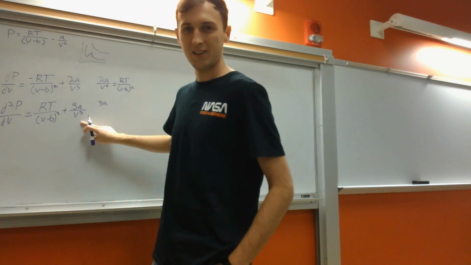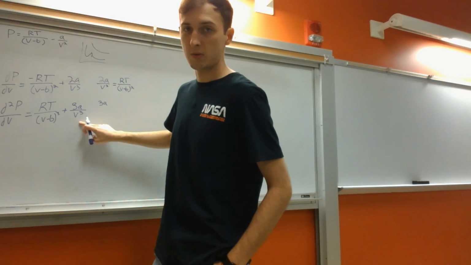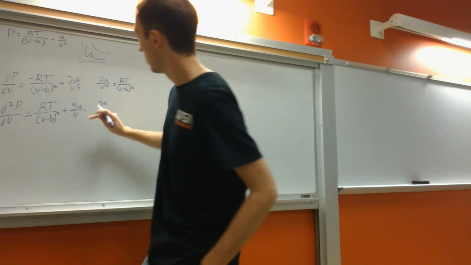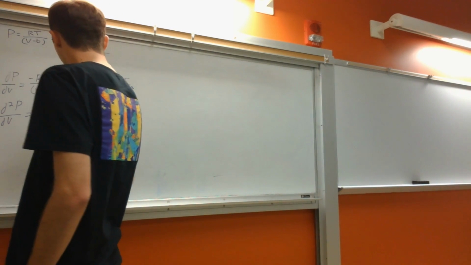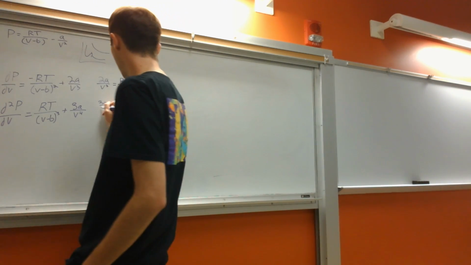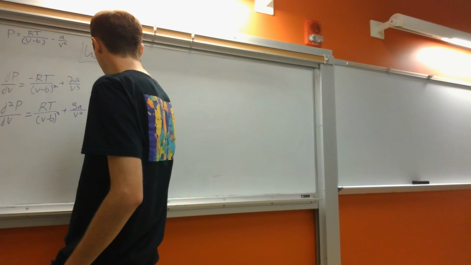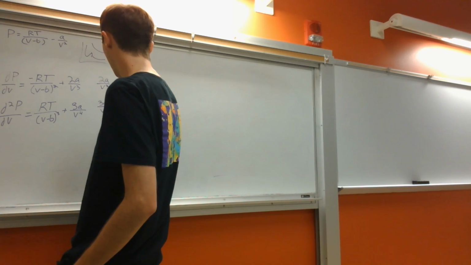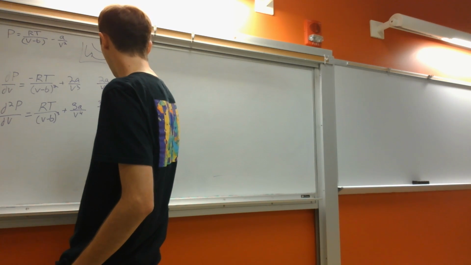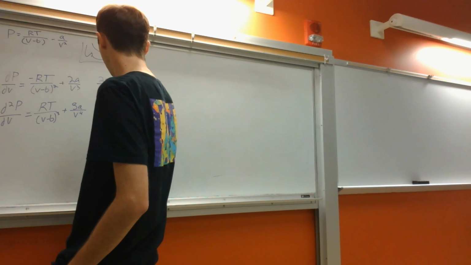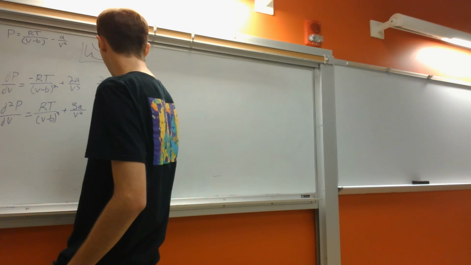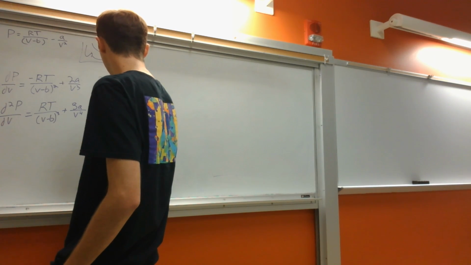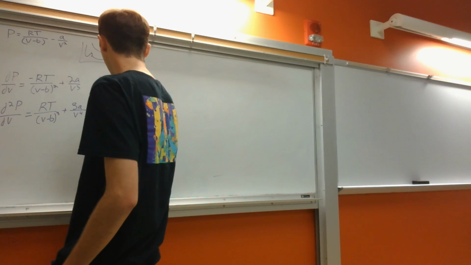I made an error before. This is not supposed to be V cubed. This is actually supposed to be V to the fourth. So this would be 3A over V to the fourth is equal to RT over V minus B cubed.